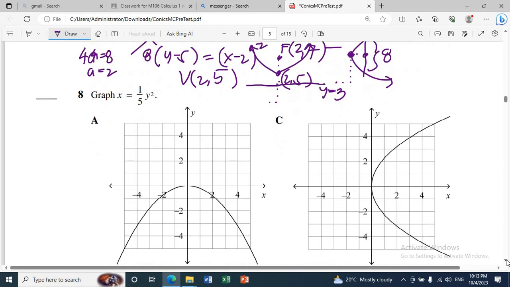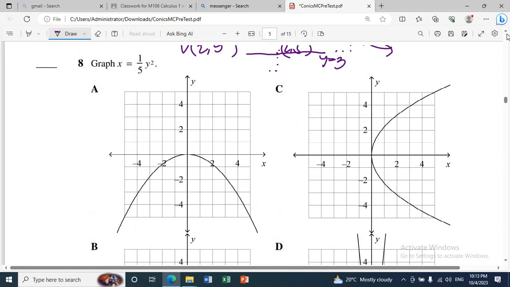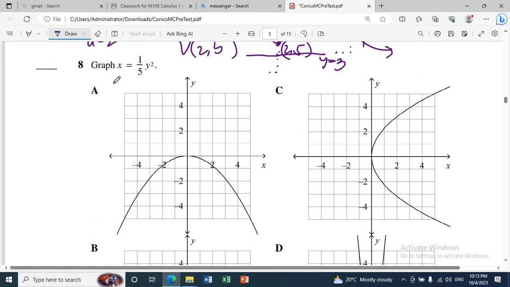Okay. Number 8, graph x equals 1 over 5 y squared. We can rewrite this as 5x is equal to y squared. The opening is going to the right.